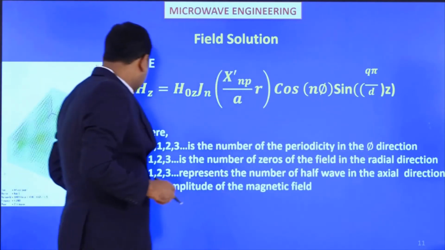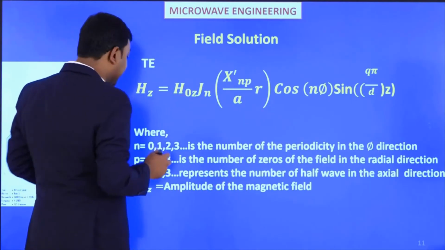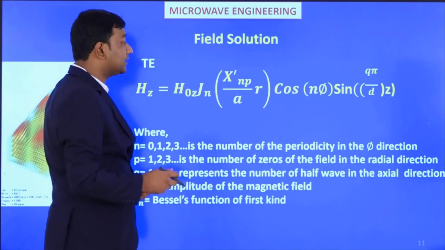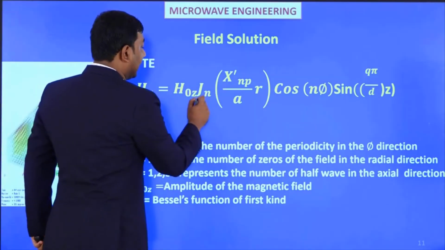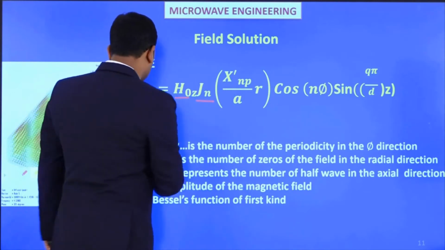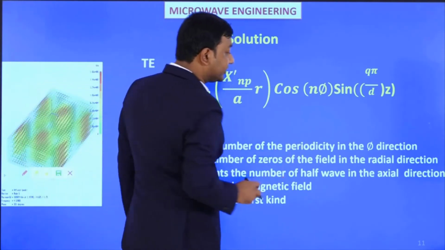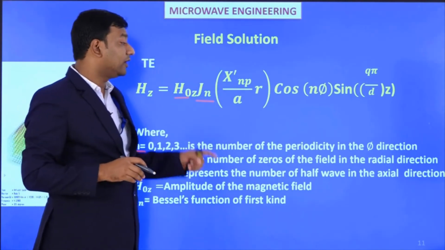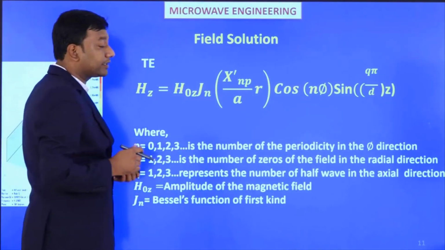H naught Z is the amplitude of the magnetic field, and Jn is the Bessel function of the first kind. Those n, p and q mention the periodicity in the phi direction, the field zeros in the radial direction, as well as the half waves in the axial direction. So those are the field equations for transverse electric cases.